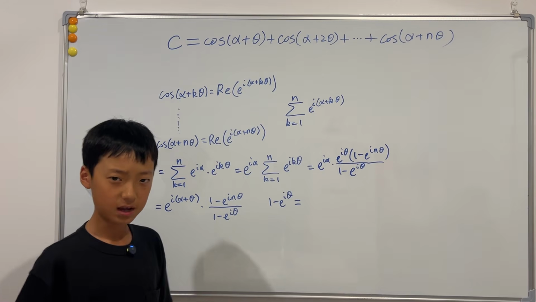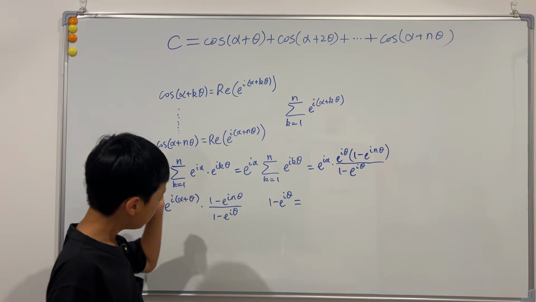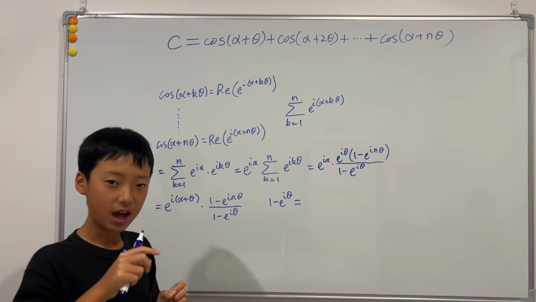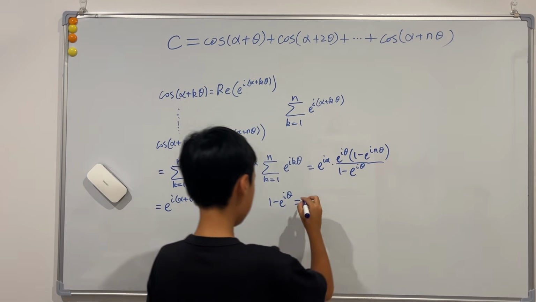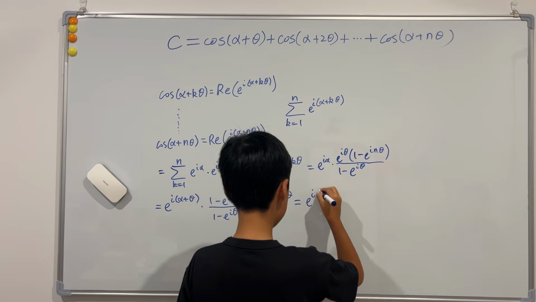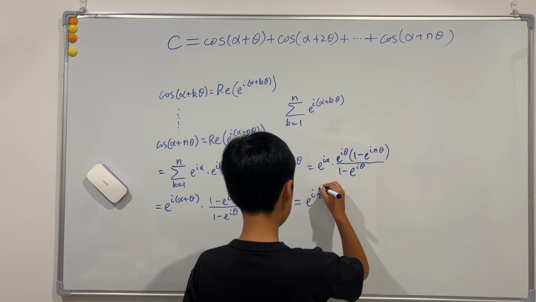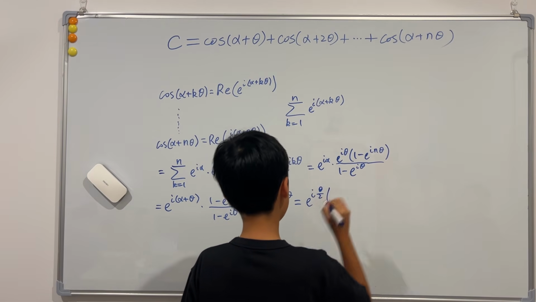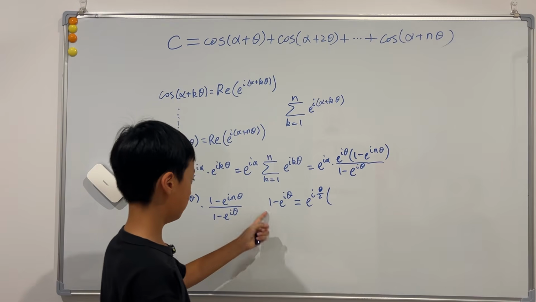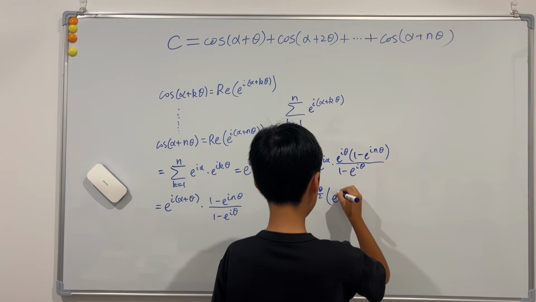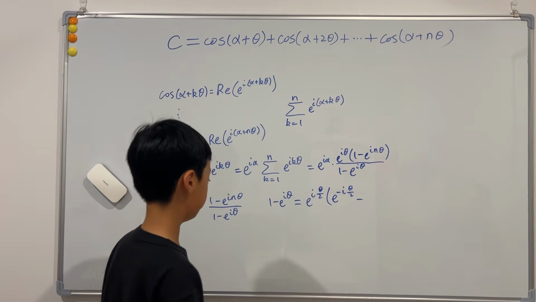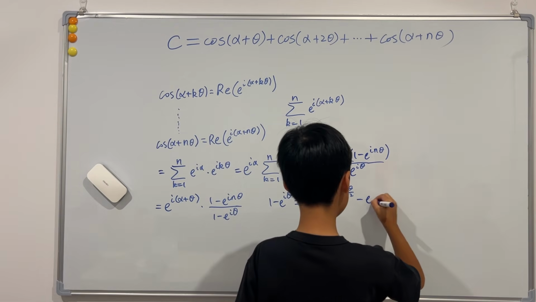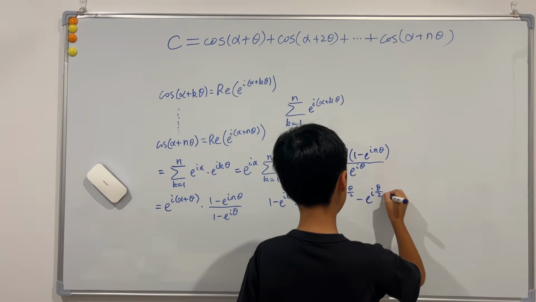So what am I going to do? Well, I'm going to take out e to the i theta over 2. Okay, so it equals e to the i theta over 2 times, the inside will be, this is e to the negative i theta over 2 minus this, which is e to the i theta over 2.